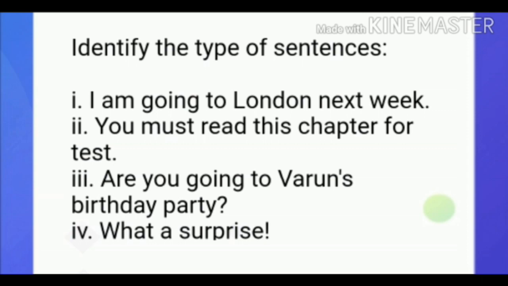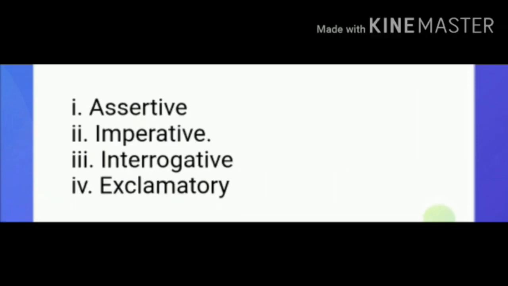As all of you know, this sentence is a question, so this is an interrogative sentence. And the fourth one, what a surprise! This sentence is ending with an exclamation mark and it is showing a sudden feeling, so this is an exclamatory sentence. So the answers are assertive, imperative, interrogative and exclamatory.